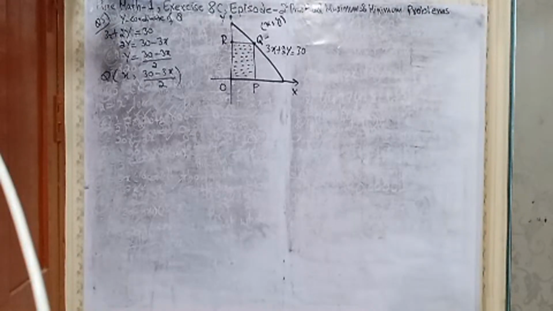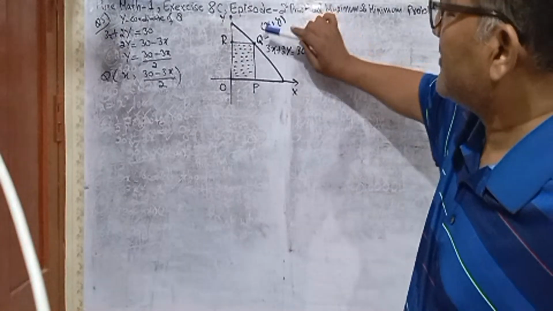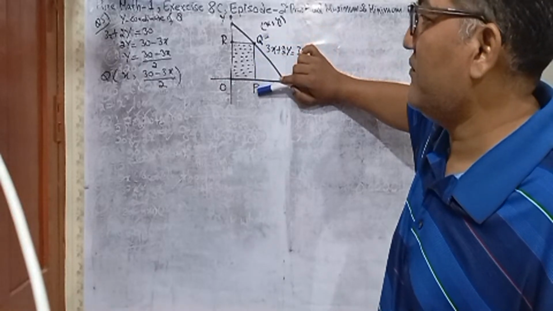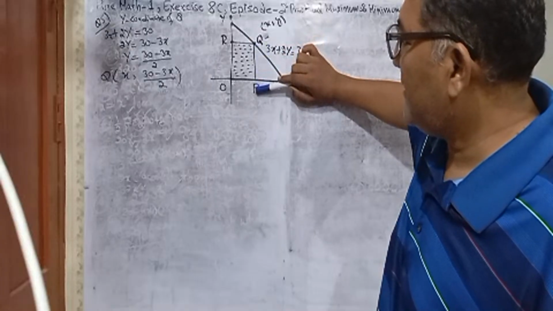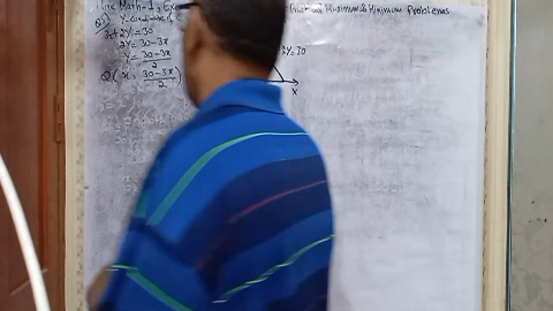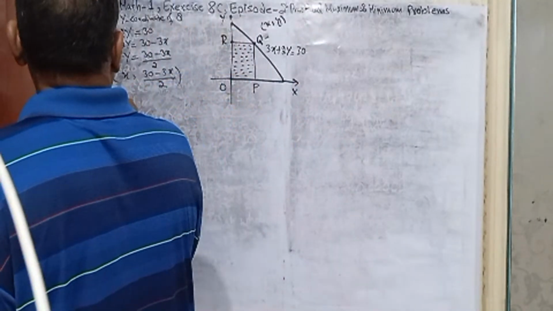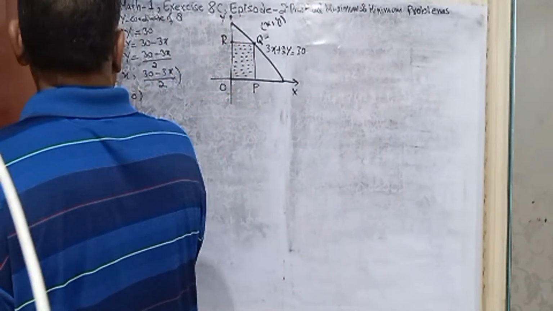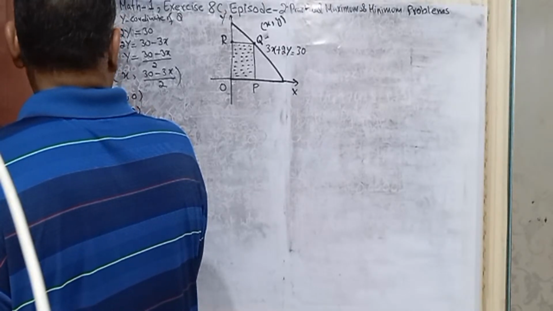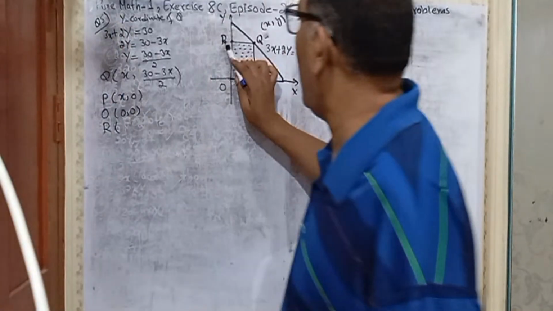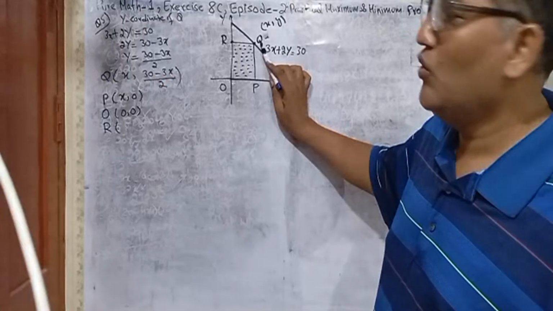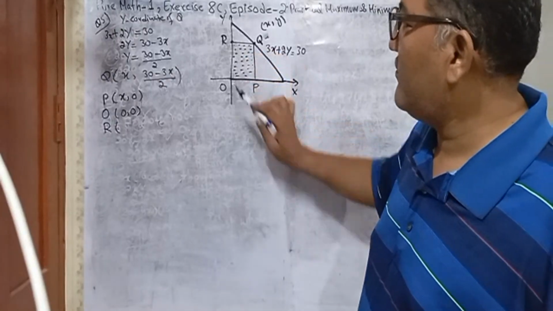Now, whatever is the x coordinate of Q, the same is the x coordinate of P, because it's right underneath it and it's on the x-axis, and its y coordinate will be 0. So the coordinates of P will be x comma 0. The origin is 0 comma 0, and for R, its y coordinate will be the y coordinate of Q, and its x coordinate will be 0.